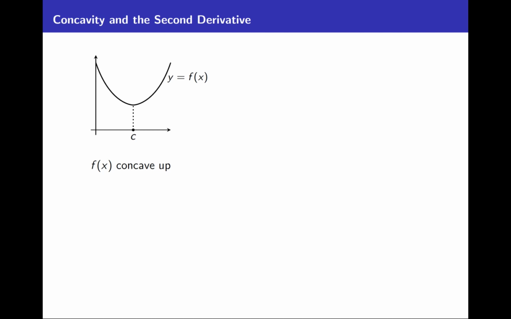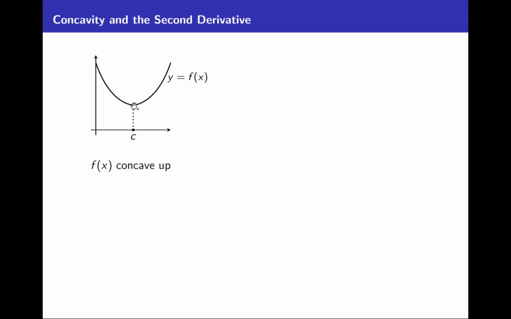I'm now going to tell you about how concavity is determined by the second derivative of f. And let's begin by thinking about a concave up function, f of x, as indicated here. I want you to think about the derivative of this function, which tells us the slopes of tangents. Starting out right here, the tangents have negative slope. They lighten up.